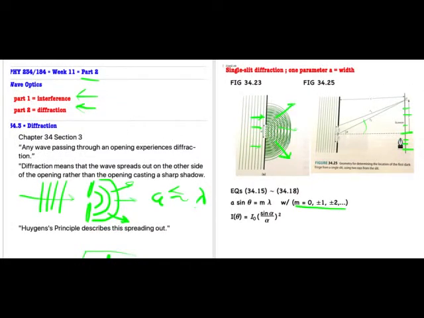Okay, so on the projection screen, you have an interference pattern. There'll be alternating bright and dark fringes. And this is the equation for the destructive interference.